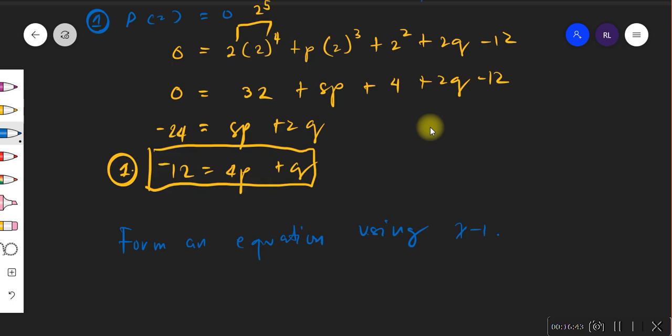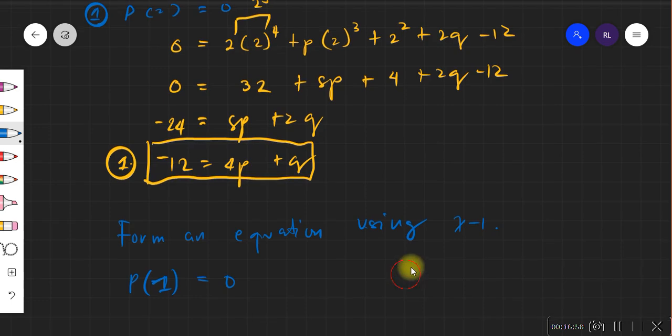Since this one is a factor, we say that p of negative 1 is just 0. No, positive 1. P of 1 is just 0. So we can continue.